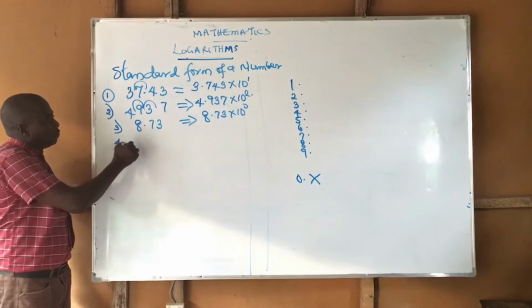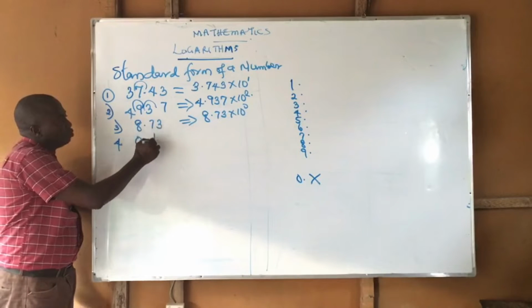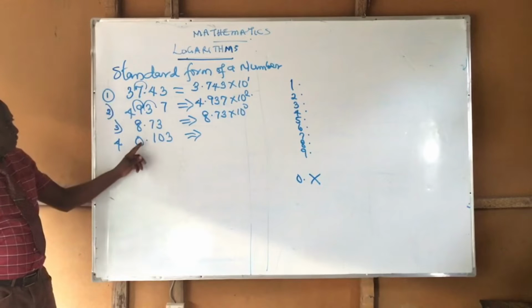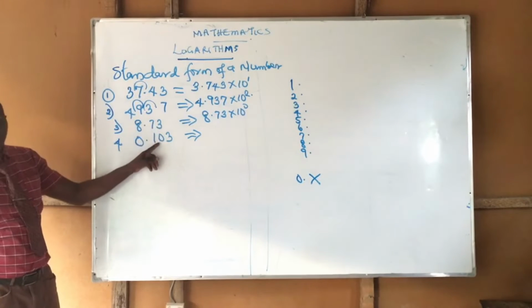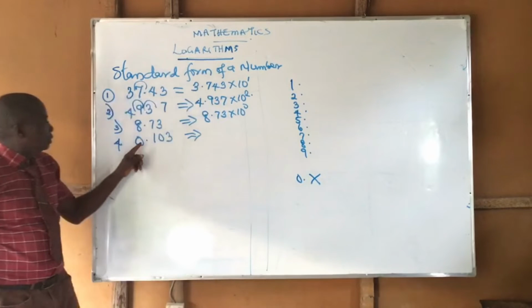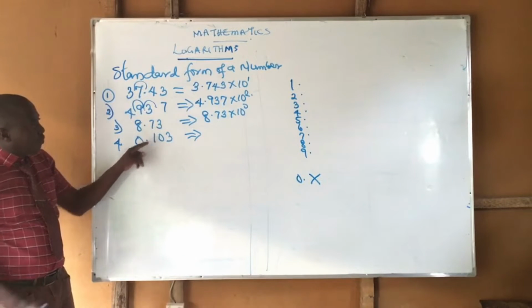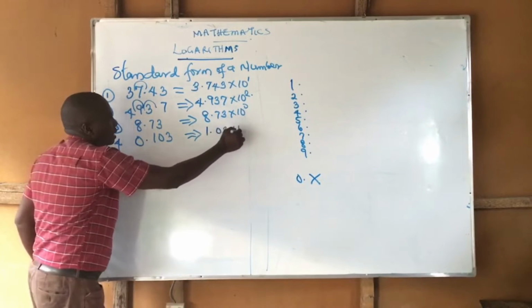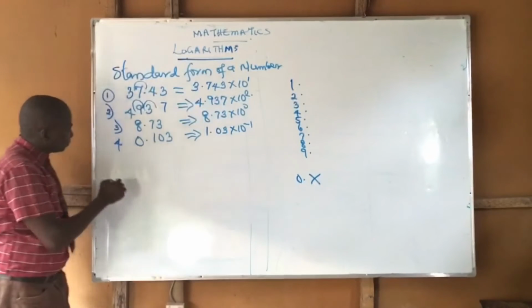Then number 4, when you have 0.103, what do we do to this one? The decimal point will have to be shifted forward, because we say it cannot be 0 point. So the decimal point will have to be shifted forward: 1.03 times 10 raised to power minus 1.